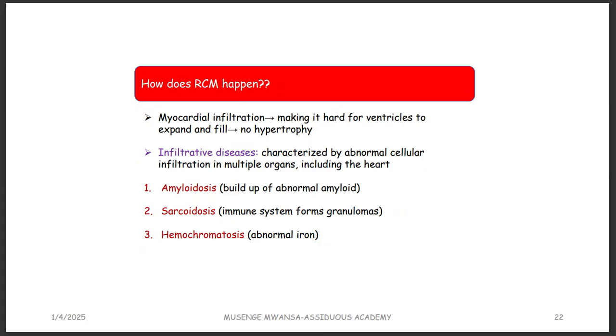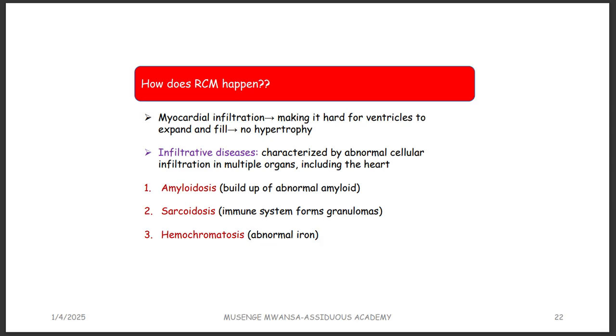So how does restrictive cardiomyopathy happen? There is some form of infiltration. Some proteins have infiltrated themselves into the ventricles, and so the ventricles can't expand. There's actually no hypertrophy here. So some infiltrative diseases that can affect the heart, and of course some of them affect other body parts, include amyloidosis, where there's a buildup of abnormal amyloid, sarcoidosis, where you have immune complexes being deposited in different parts of the body, in the kidney, in the liver, including in the heart, and hemochromatosis, abnormal iron.